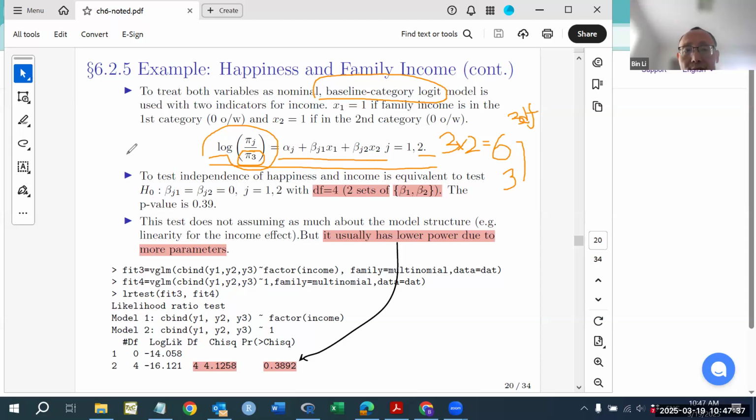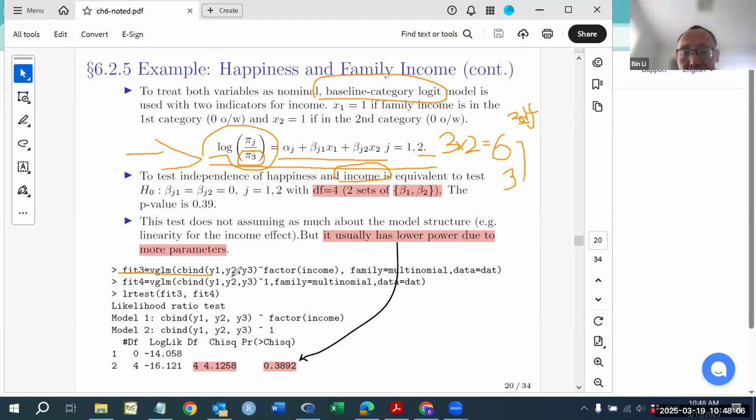Okay, but here let's say we do it as a baseline category logit model, and we want to see if the income is significant or not. So we will fit a model.